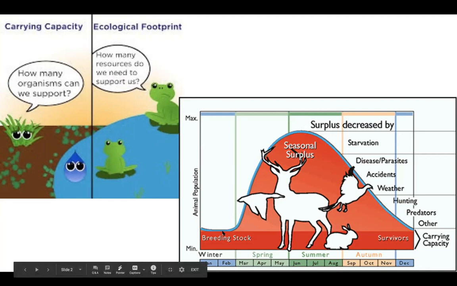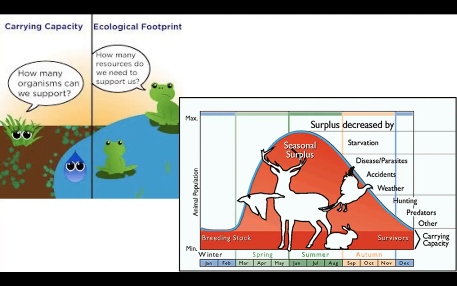So we have a certain carrying capacity, and then in spring they breed and they have babies, lots of babies, and we have what we call a seasonal surplus. We have more animals being produced. And what happens if we get too many? They may eat themselves out of house and home and starve. They get diseases. They have more accidents.